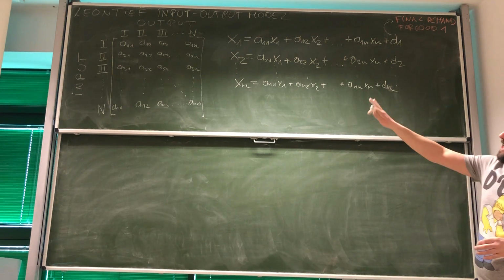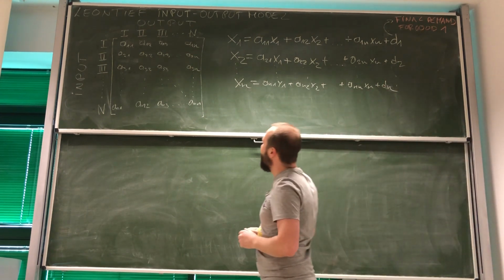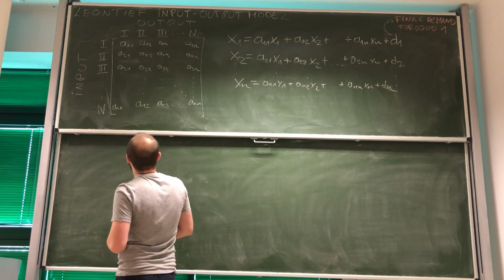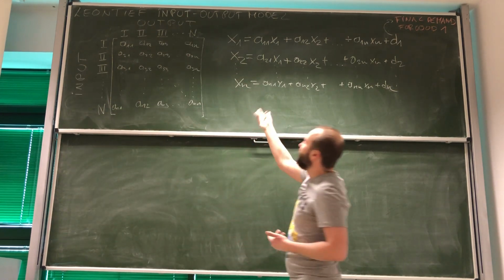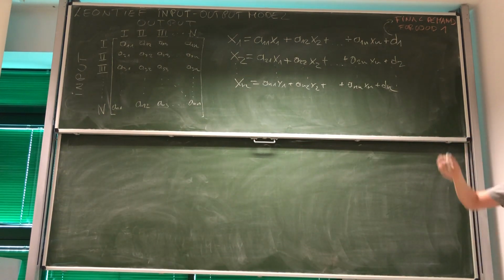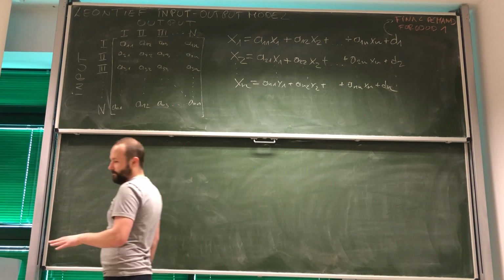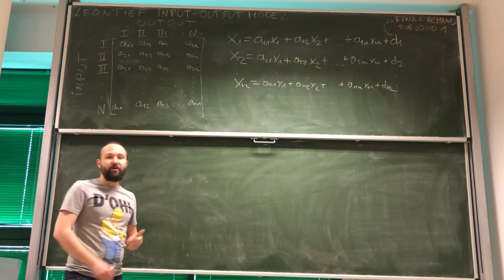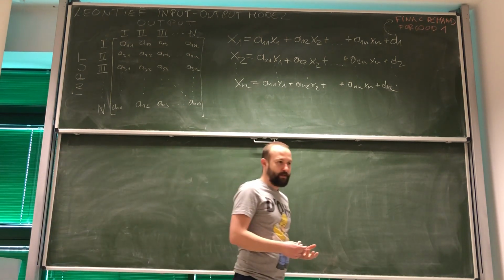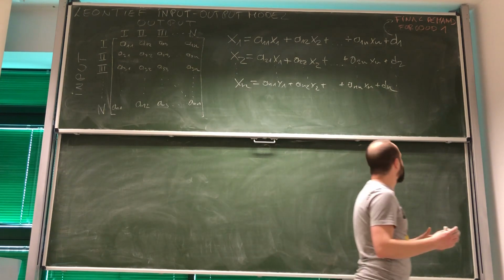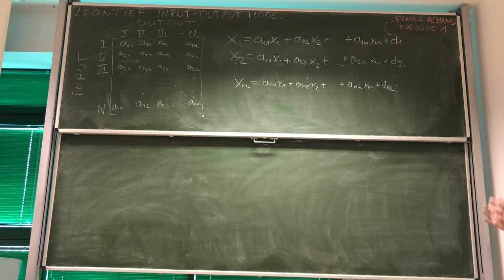Look, input and output coefficient, well, so input coefficient matrix gives us those coefficients. What do those coefficients depend on? Well, they depend on the technology of production. So, technically speaking, we cannot calculate them out of the model.